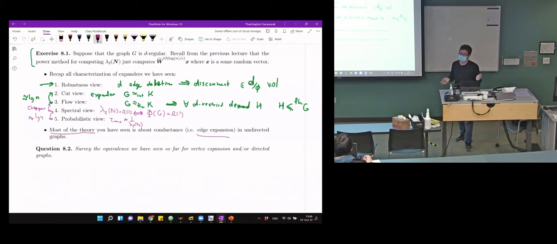But that is not the case for general graphs. So this is about edge expansion and also in the undirected graph. People have tried to extend the theory for vertex expansion and in directed graphs. And this is another possible project if you want to just do some survey. That's good too.